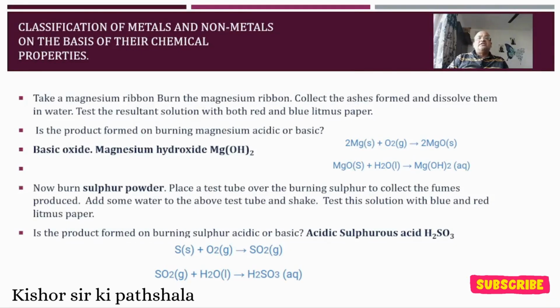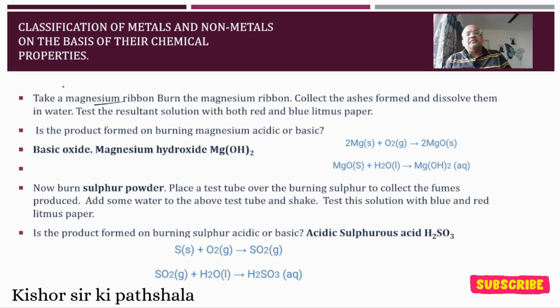Now let's see the classification of metals and non-metals based on their chemical properties. Earlier we saw the physical properties of metals and non-metals. Now let's see the chemical properties. We are going to react metals with oxygen and non-metals with oxygen.